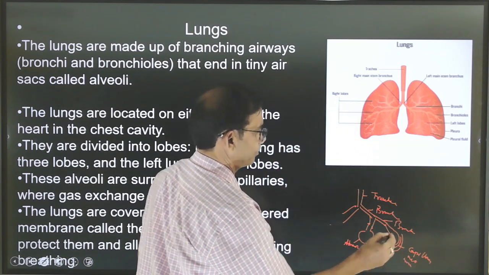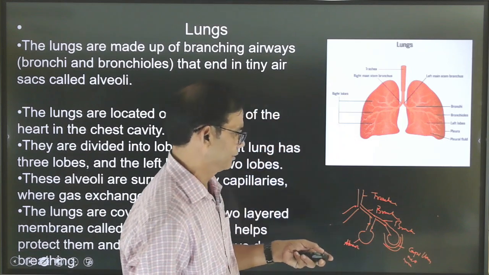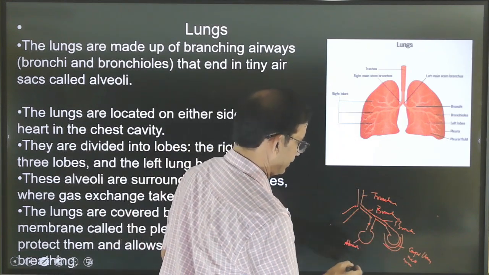What is a capillary network? It is made up of arterioles and venules, which help in gaseous exchange.